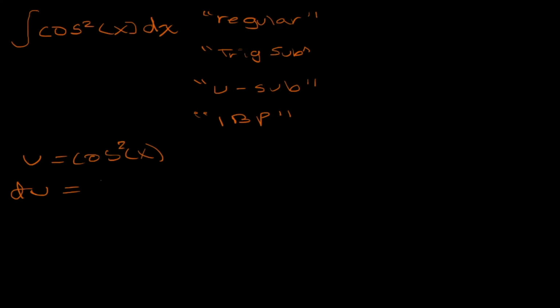The derivative of the outer function is going to be 2 times cosine of x, and we take the derivative of the inner function, which was cosine of x. The derivative of cosine of x is negative sine of x. So that's going to be negative sine of x.